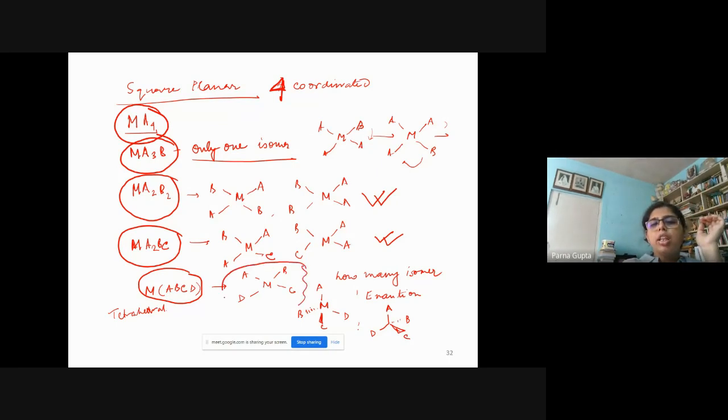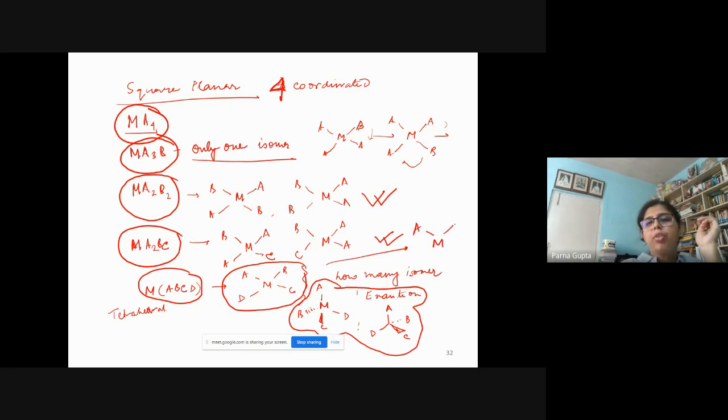One is this one, and if you have the tetrahedral, then you have this type of enantiomeric pair. And then also you have a change; you can calculate how many you can write, d and d, right?